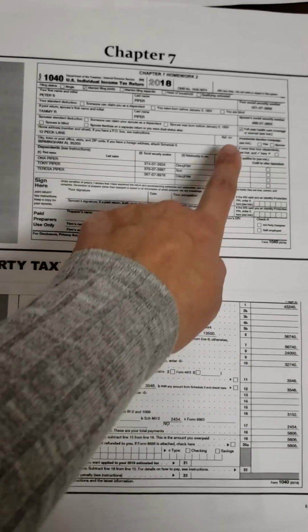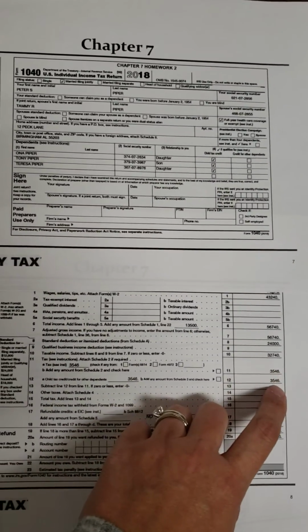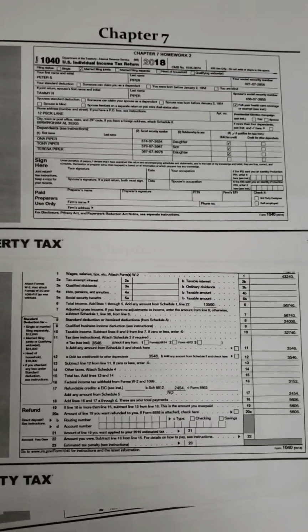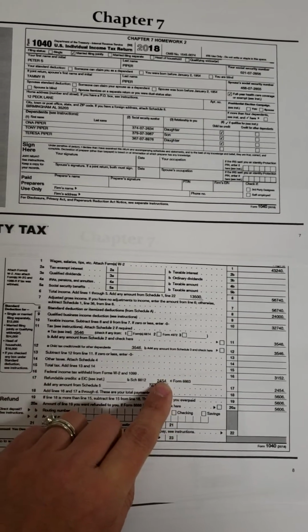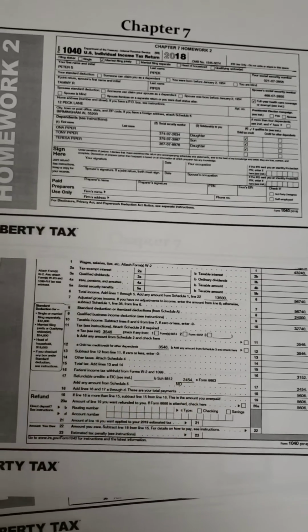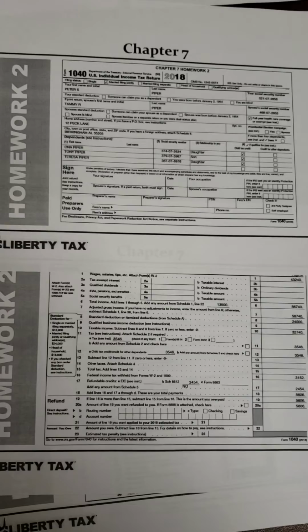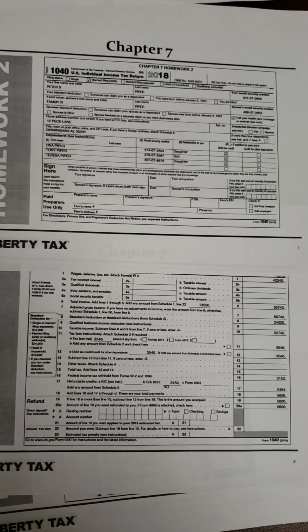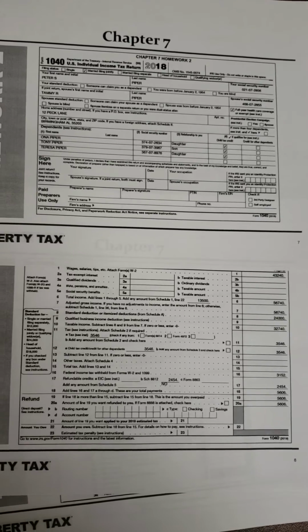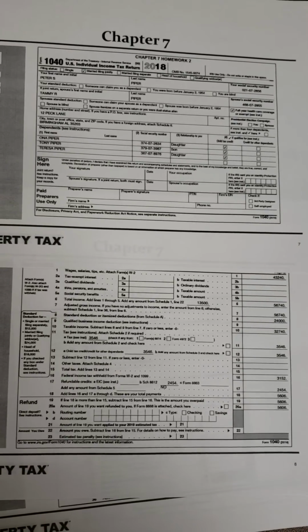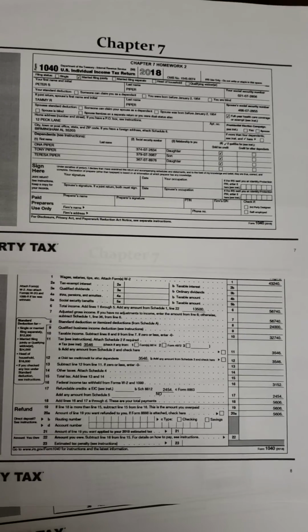There's 3, so that would be $6,000. So if they owed $6,000 here for the year, they would have had a whole $6,000 to use. That's why sometimes you have a little bit more non-refundable that you get to use. Those were all upped last year with the tax cuts, so if you have children, you get a little more of a boost than you used to in the past. So this return, they would have gotten $56.06 back from federal.